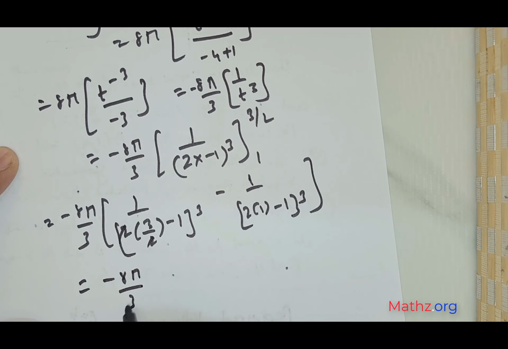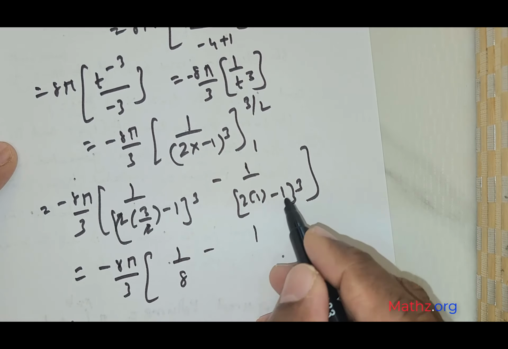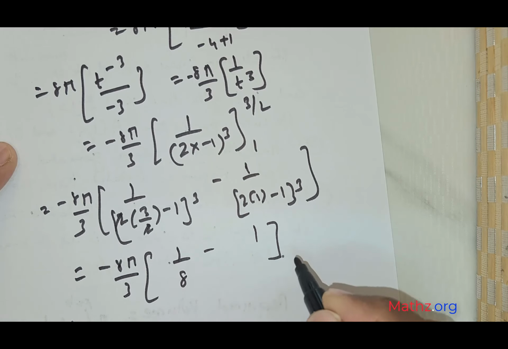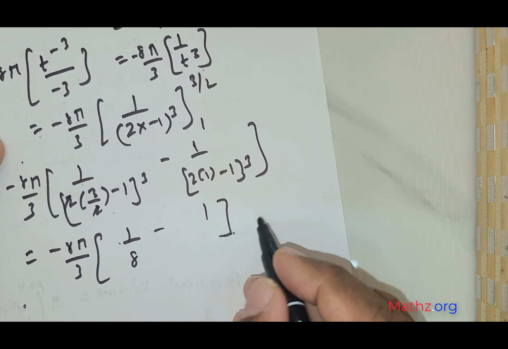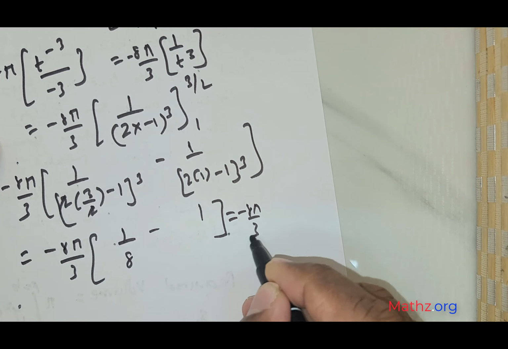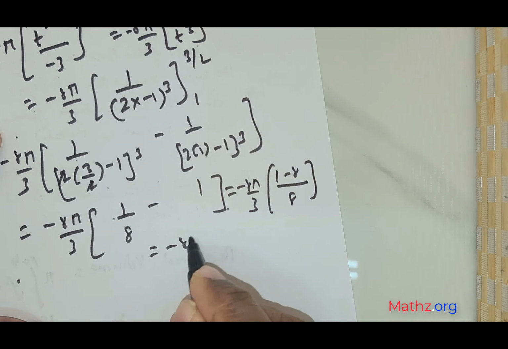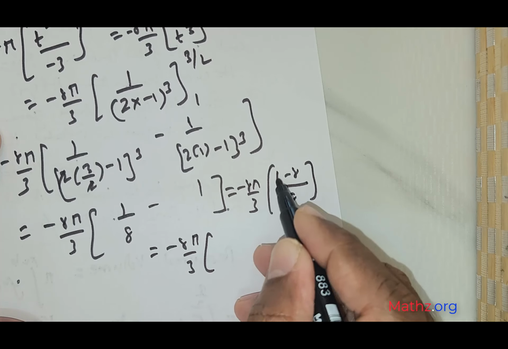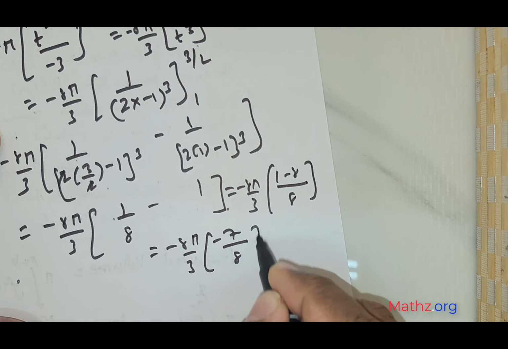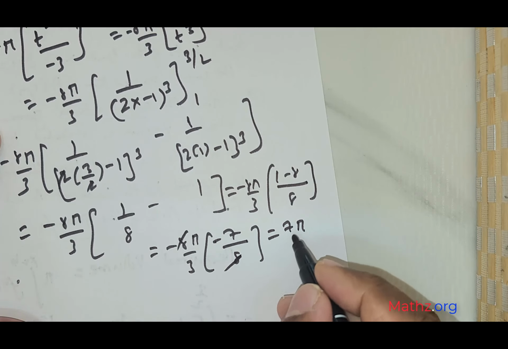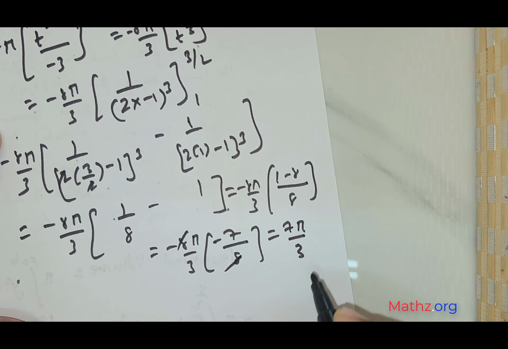So you have negative 8 pi over 3 times 1/2 cubed, that's going to be 8, minus 1 over 1 cubed, which will give you just 1. Now you simplify this, so this is going to be negative 8 pi over 3. LCM is 8, so you get 1 minus 8, which is negative 7. You have an 8 here. 8 gets cancelled. Negative will become positive. So this will be 7 pi divided by 3.